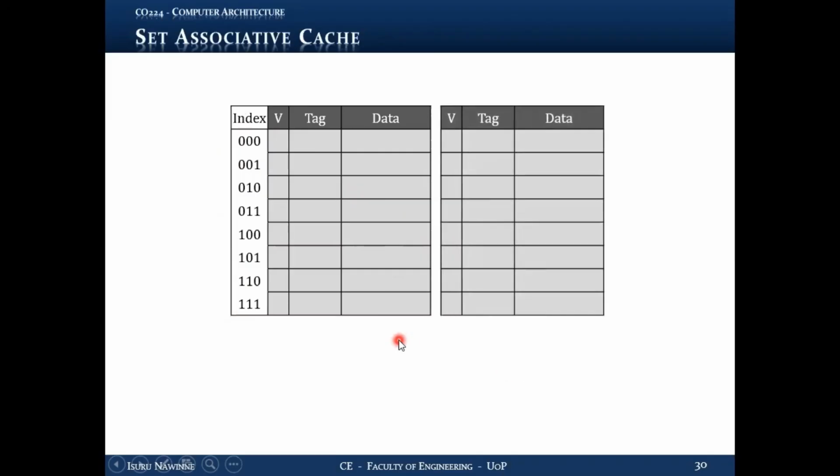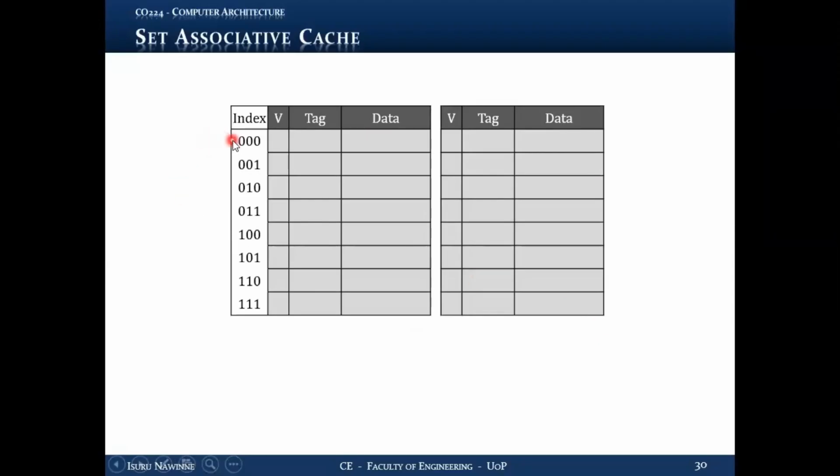So what if we add another copy of this set of arrays? You have valid, tag and data. You add another set of those arrays, valid, tag and data, for the same entries, so the same indices, right? You essentially double the size of the cache. Earlier we had 8 blocks, now we have 16 blocks which we can put in the cache.